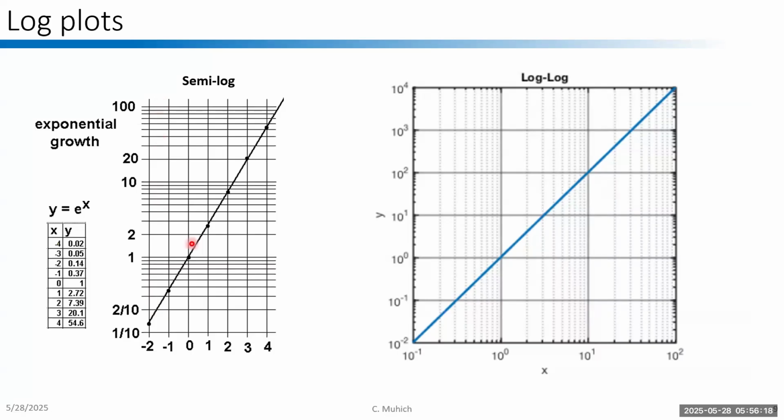So I can read this information off just like before, right? If I'm at 0, I go up, I go over, it's 1. Perfectly fine. If I want to go to, say, 1, I go up, I go over. I need to be aware that I'm not sitting at 2 or 3.